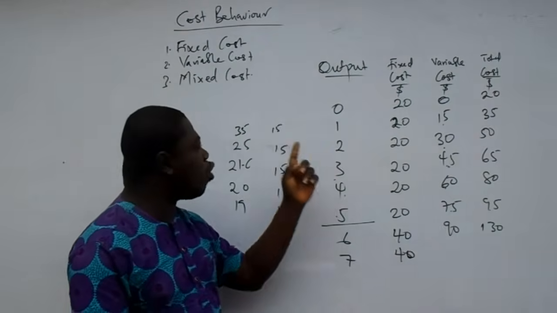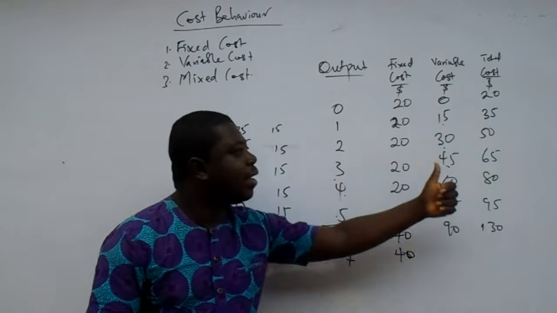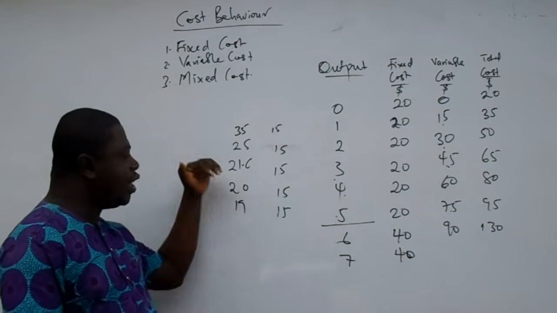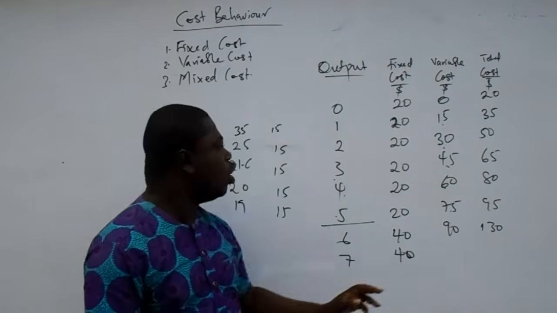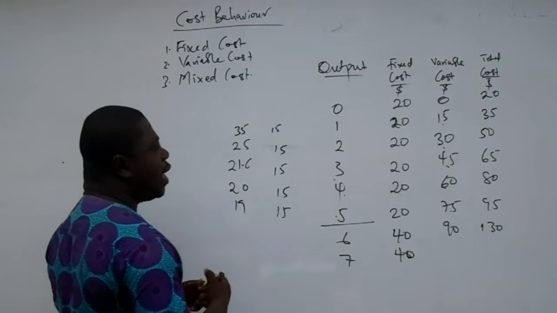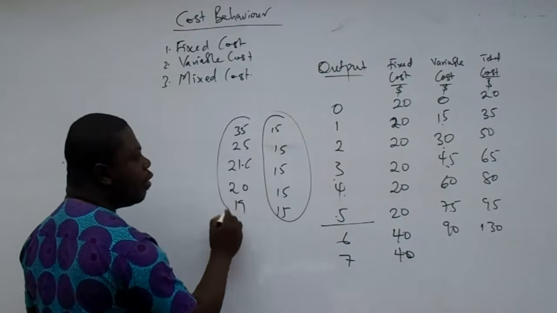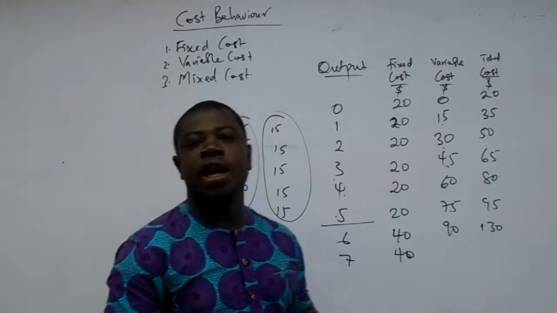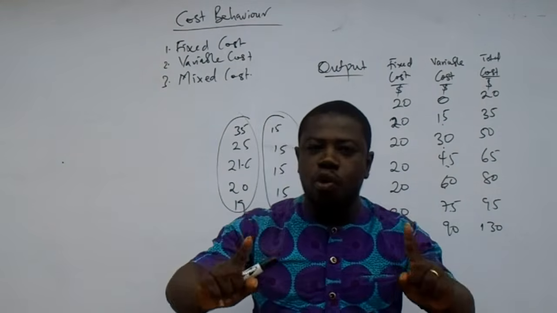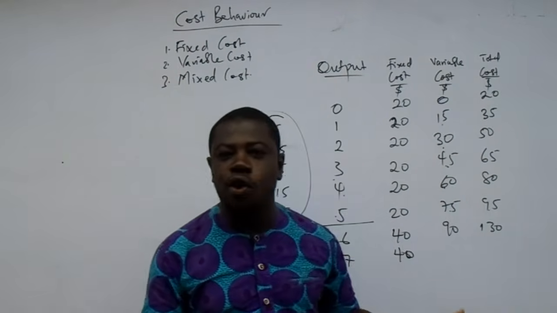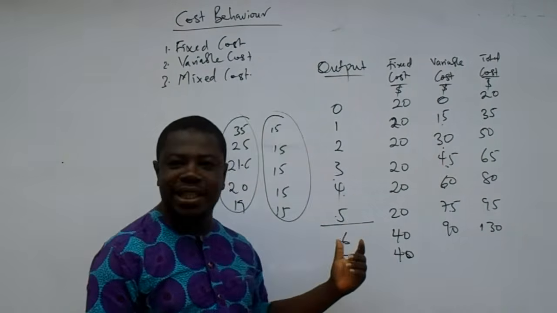And so we say that variable cost per unit is fixed, but mixed cost or total cost per unit reduces as output is increasing. So what we are trying to say now is that variable cost is in proportion to output. Mixed cost is not in proportion. And so if you want to define variable cost for full marks in an exam, you don't just say that variable cost is a cost that changes as output changes.